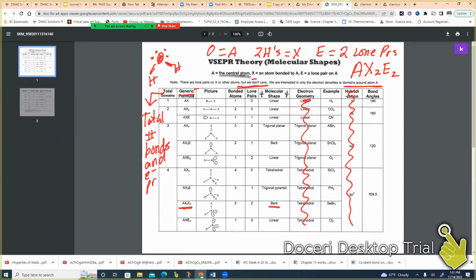So once again, if I looked at water, it has 2 single bonds and it has 2 pairs of electrons. So its domain would be 4. It has 4 things around it. So that would have gotten me to here, and then I would have just needed to choose between those 4 things whenever I'm trying to get the molecular shape. So sometimes that can be a little bit helpful also.